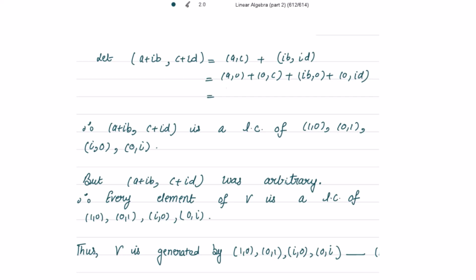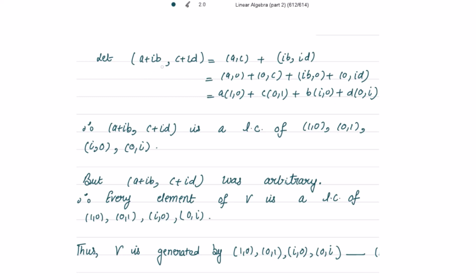Okay, now take this a outside. This is a(1, 0) plus c(0, 1) plus b(i, 0) and d(0, i). So this is nothing but the linear combination of (1, 0), (0, 1), (i, 0), (0, i), right?